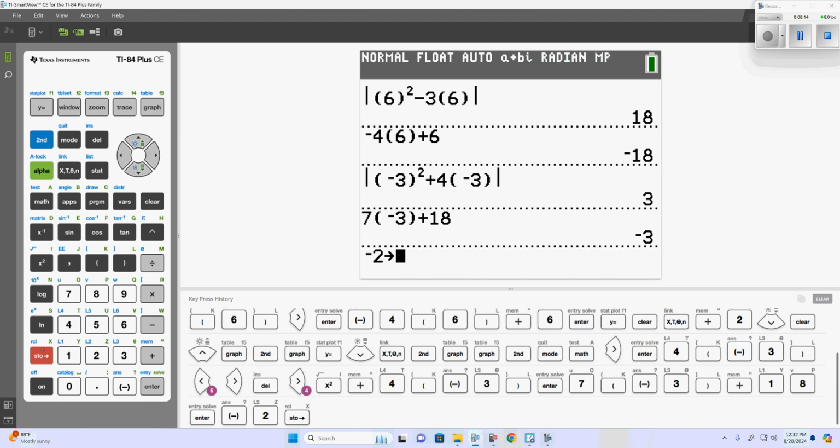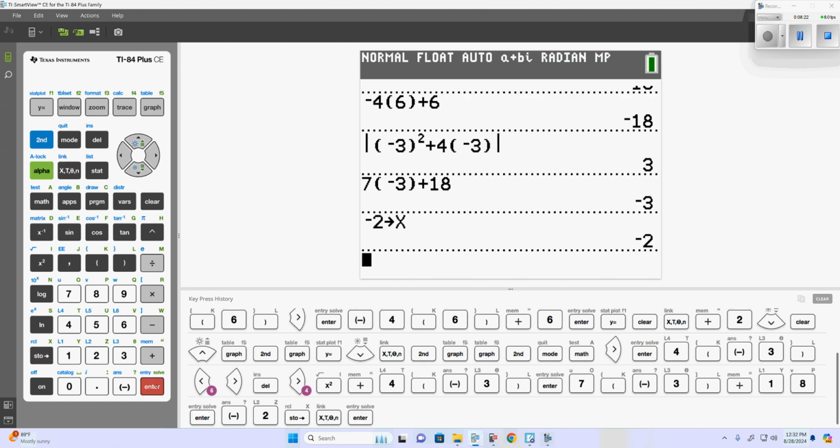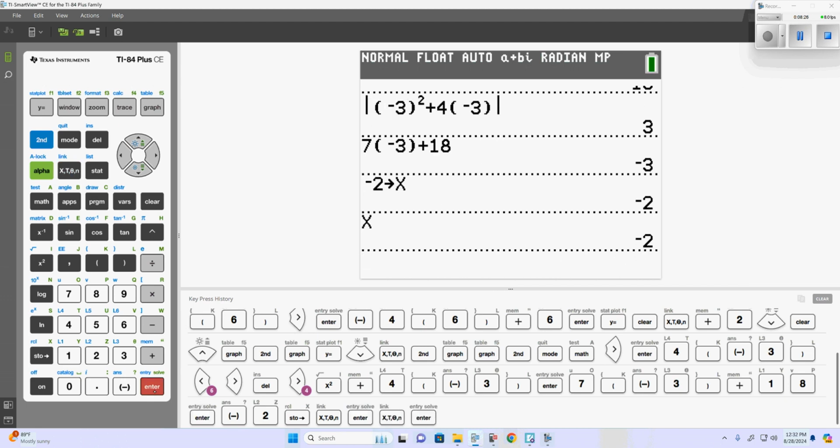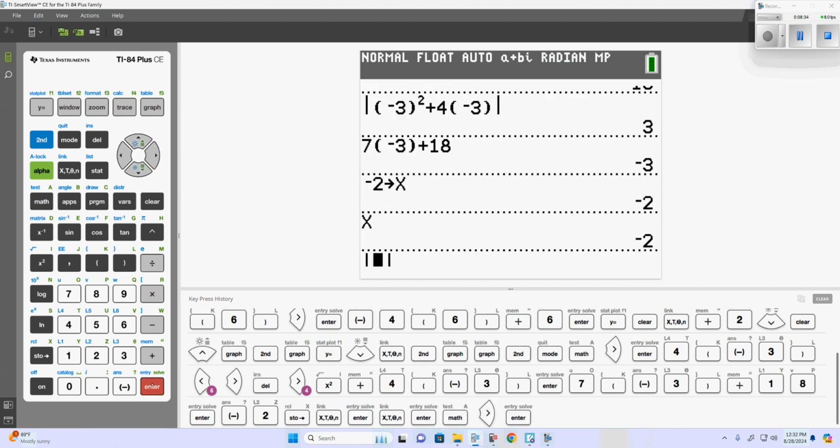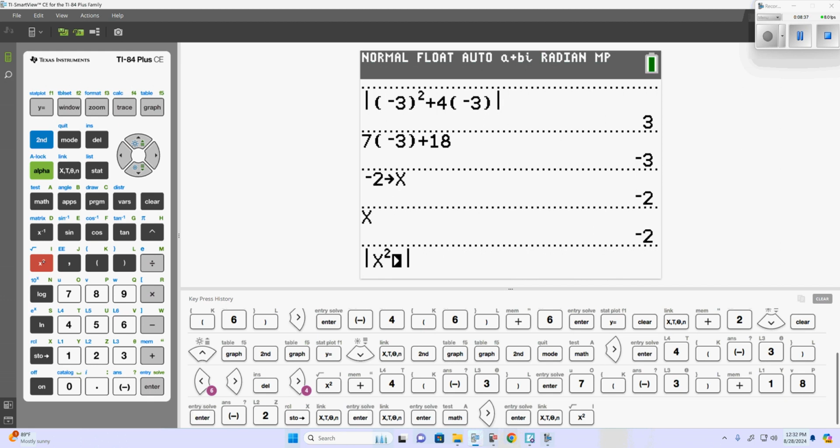The button that's above on, actually on both calculators it has this STO button, which is store X. What this does is anytime you hit X from now on, it says that its value is negative 2. The reason that it can be nice is we can say absolute value of X squared plus 4X.